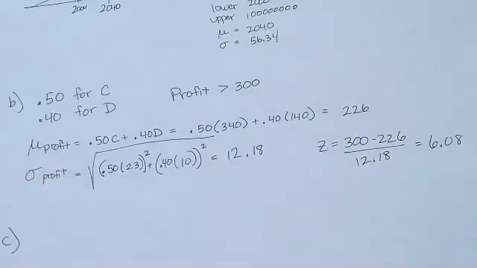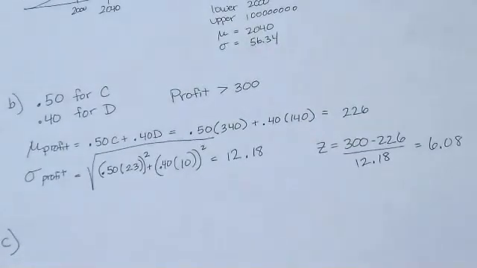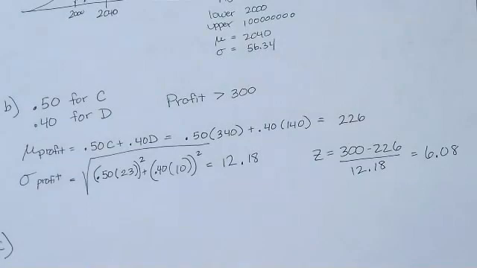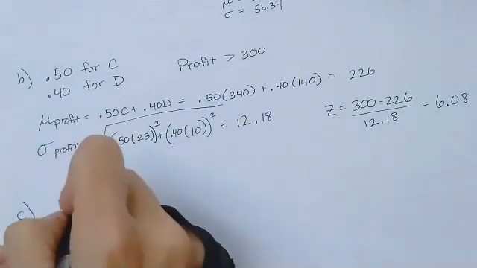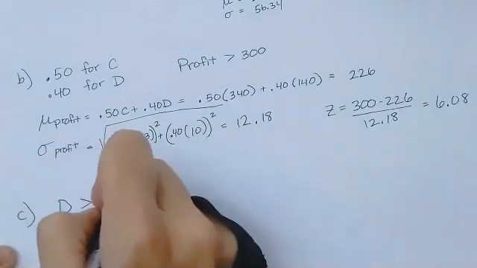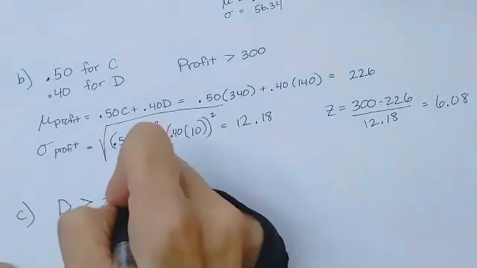And then part C, the last one, says, what's the probability that on any given day he'll sell a donut to more than half of his customers? So we want the number of donuts to be more than half the amount of the coffee.